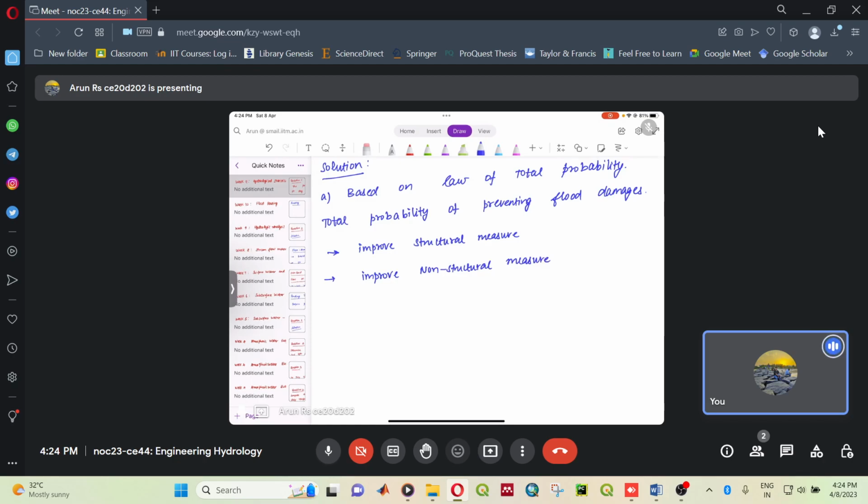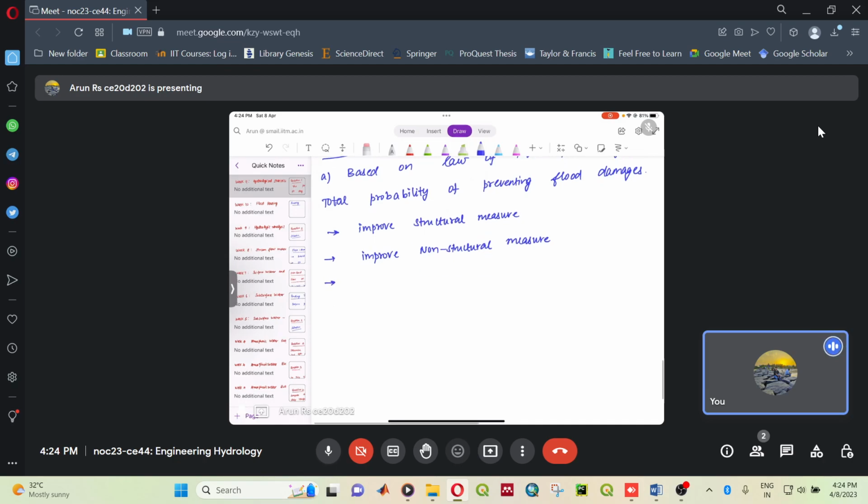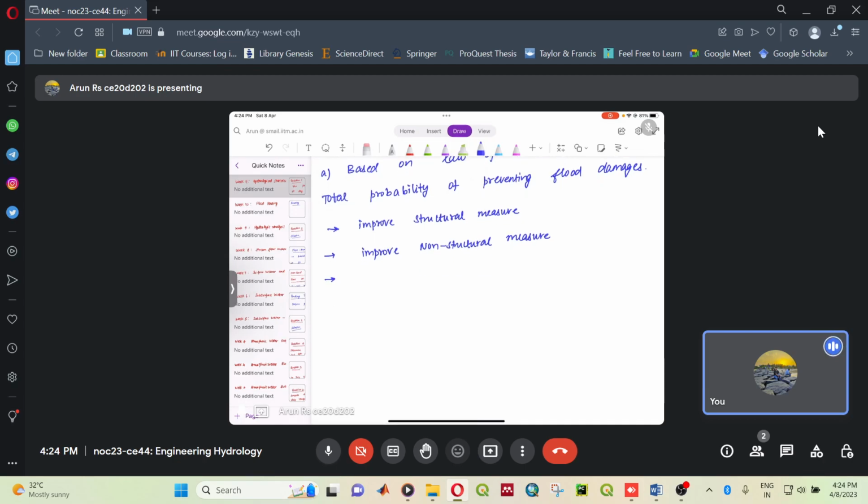And there is also one more possible case, which is the improvement of both. That is complete prevention of flood damages. That is also one of the components in the total probability. The last case is the complete prevention.